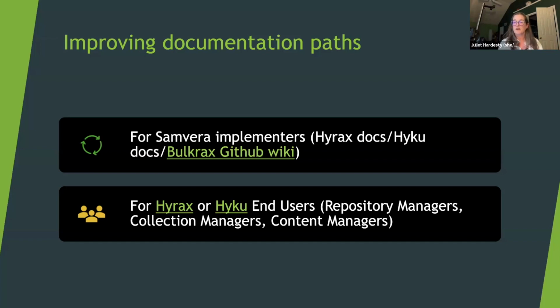But it's set up in Hyku, so I think there might be some specific expectations there with work types and metadata properties, so we might not be able to just point our collection managers over to that documentation to do CSV imports. The Bulkrax GitHub wiki also has a lot of details that are useful for end users trying to construct imports. So it's not just implementation and configuration of Bulkrax. There's a lot of useful end user information.